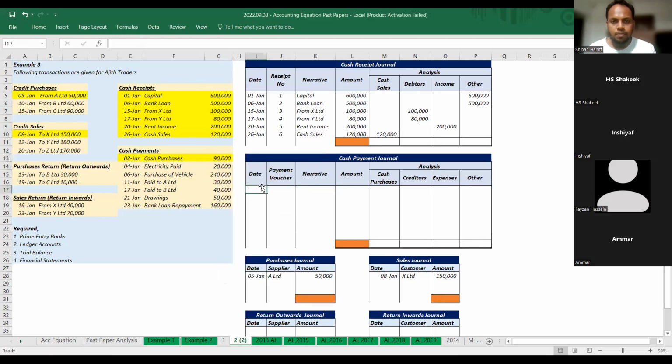Cash payments. Purchases 90. Electricity 20. Purchased a vehicle. It comes under other column.